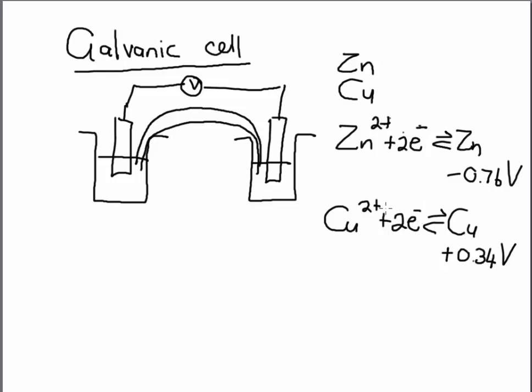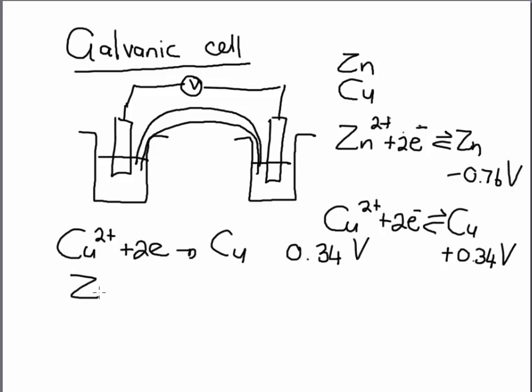So now when I go and I write down my two half reactions here, this is what I'll have. I'll have Cu2+ plus 2 electrons becoming Cu with a value of 0.34 volts positive, and I will have Zn becoming Zn2+ plus 2 electrons.